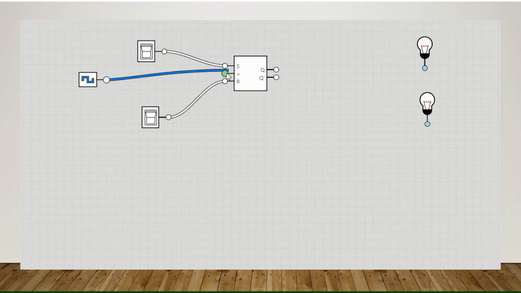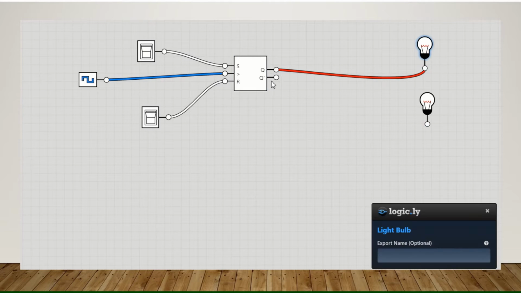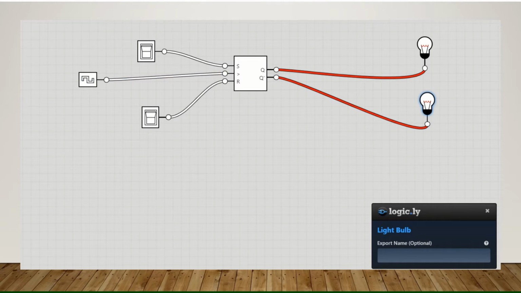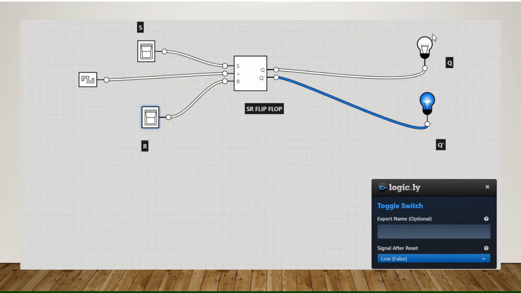We are giving the connections. We are labeling them. Next, we are giving the inputs to check the output.